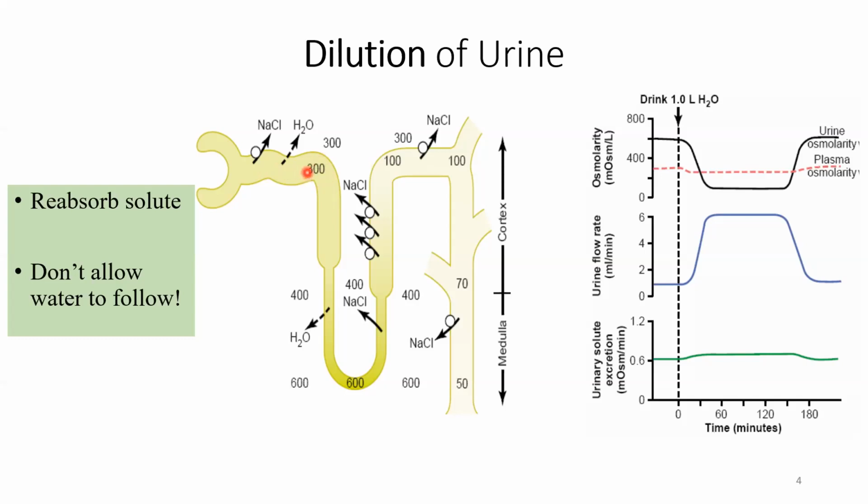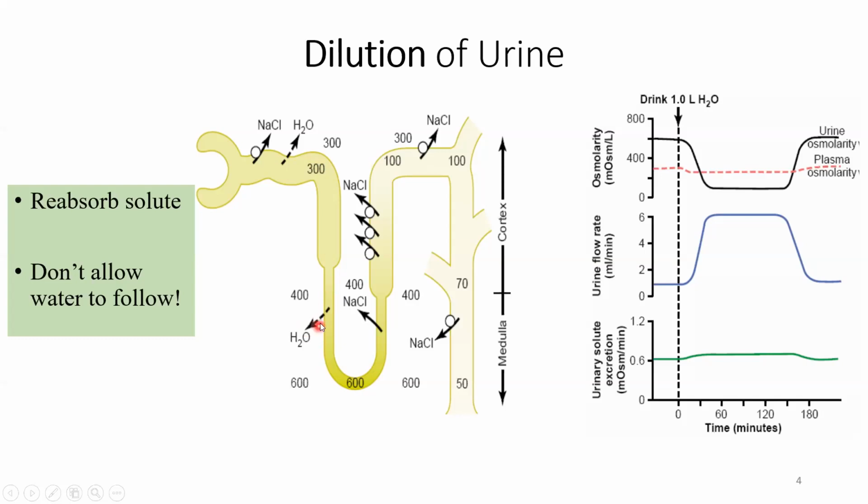This is something very important which one needs to be very careful about in the next slides when we are talking about concentration of urine. Anyhow, this 300 is the osmolarity of fluid when it enters the loop of Henle, and all sorts of things then happen. Water goes out, which we will talk about in detail in the concentration of urine scenario, because this segment is permeable to water, not to solute.